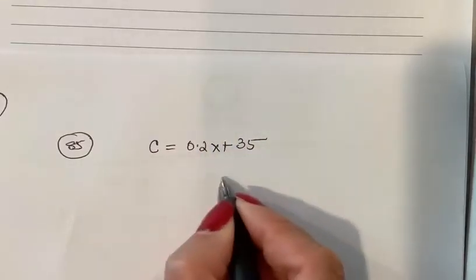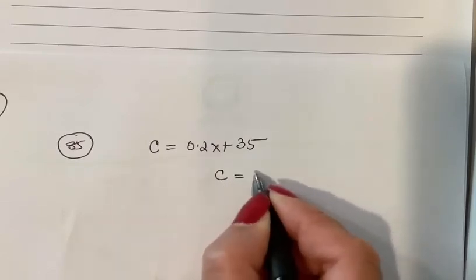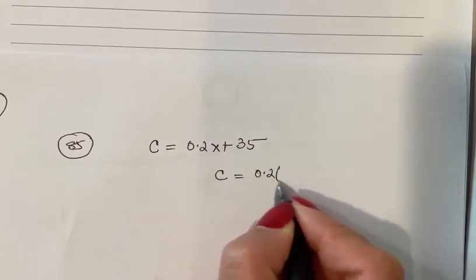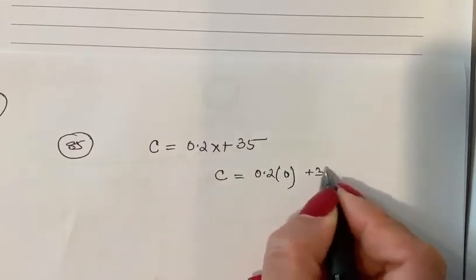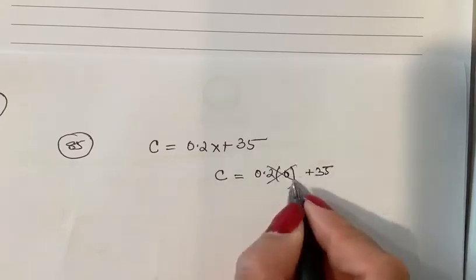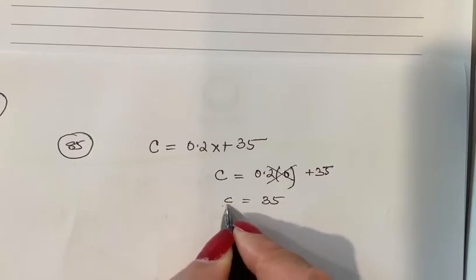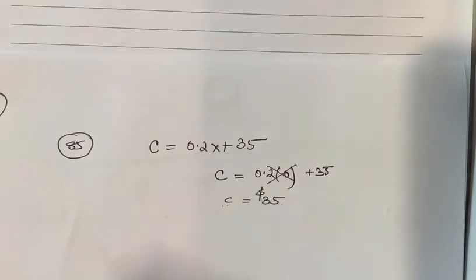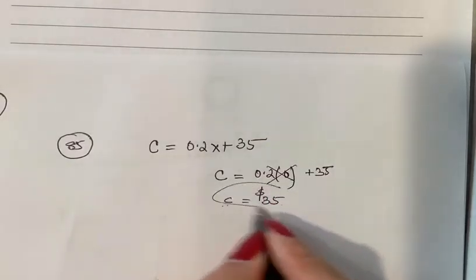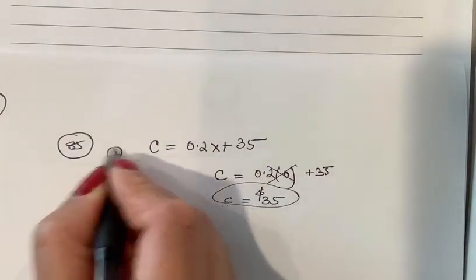So if I were to do it this way, C is equal to 0.2 times 0 plus 35. This goes away, you get C as 35. C is in dollars, therefore you end up with $35 as your answer for your part A.